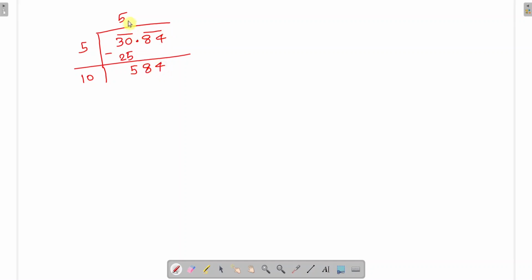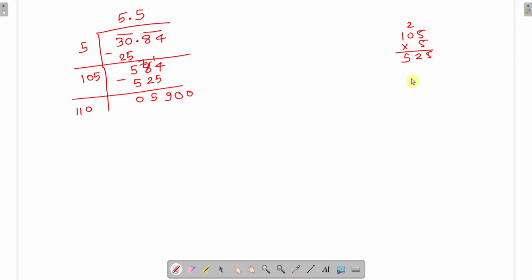So since there was a point, you will get point here. Now 105 times 5, let us see. 5 times 5 is 25, 2 5. Okay, so 525, 105 5s. Then this will be 1 borrowed 7, 14 minus 5 is 9, 7 minus 2 is 5, 0. 55 you have to double, so that is 110. 2 more zeros you have to take.